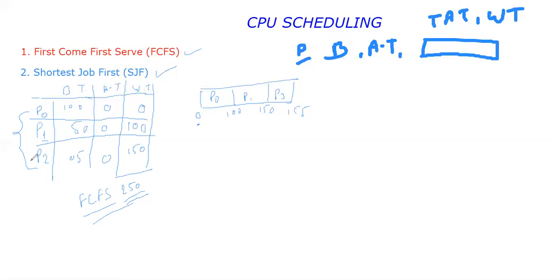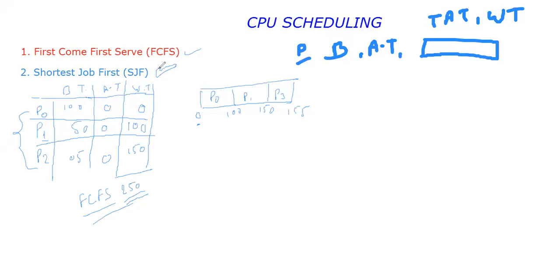Now, the person who will invest the minimum amount of time will be preferred first, so that each and every one has to wait a very small amount of time. So that is the overall concept behind shortest job first.